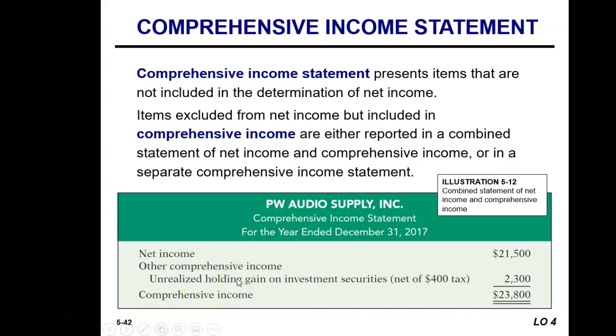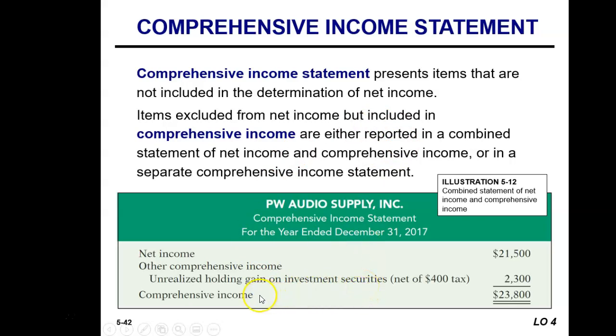So if you have any type of stock that you've purchased and you haven't sold them just yet, but the value keeps fluctuating, we look at the value of those investments at the end of the accounting period.